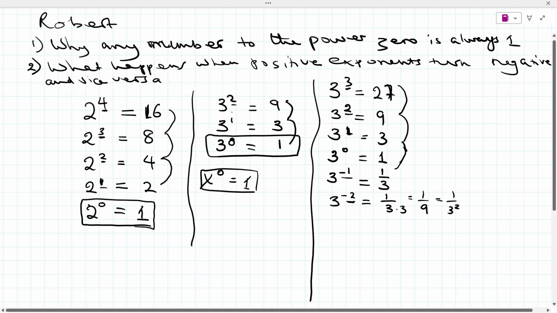And if we reduced this exponent further by 1, we would have 3 to the power minus 3. This would end up being (1/3) to the power 3, or (1/3) cubed.